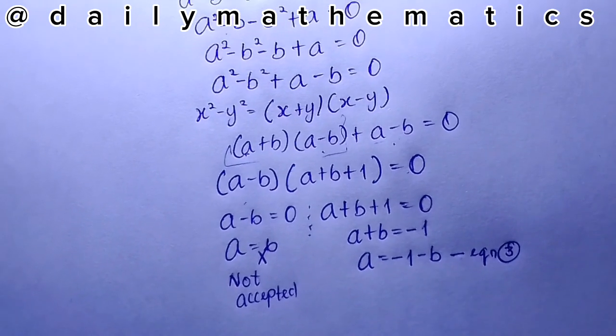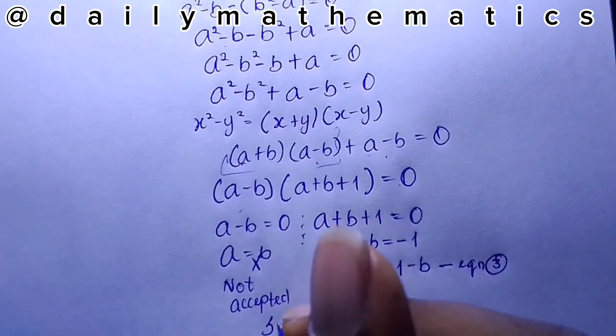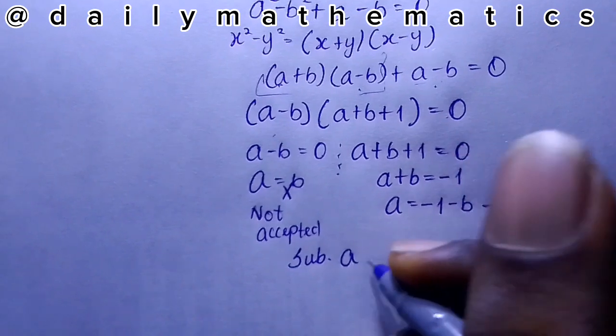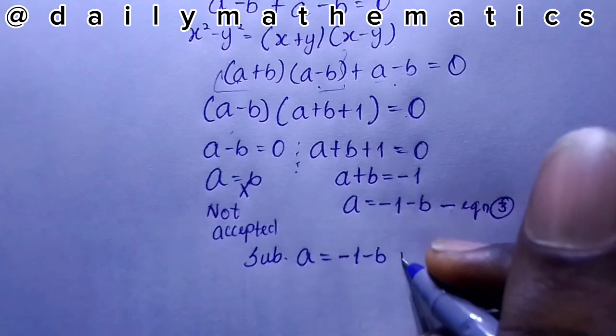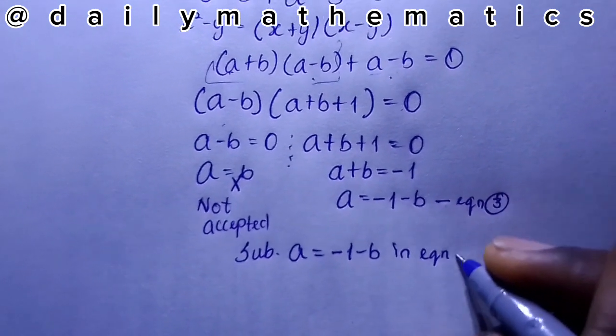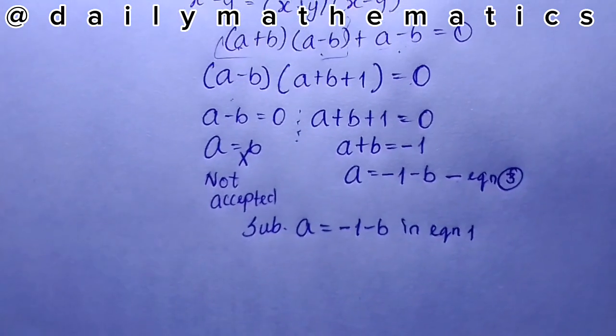Right? So good. So from here, we'll substitute this equation, A equals minus 1 minus B, in any equation. I'll use equation 1. You can substitute it in any equation. What is equation 1? This is equation 1 here.